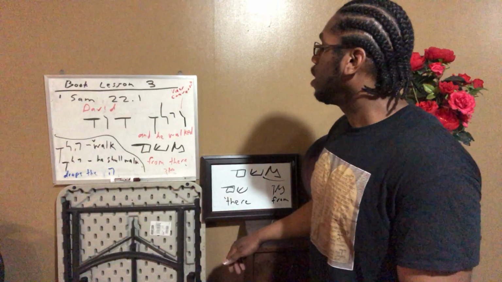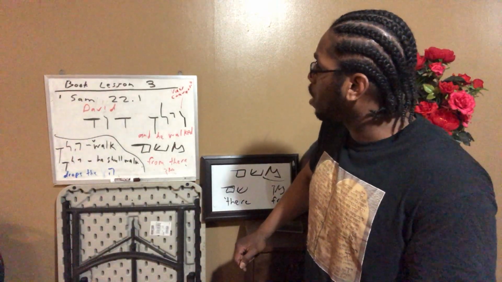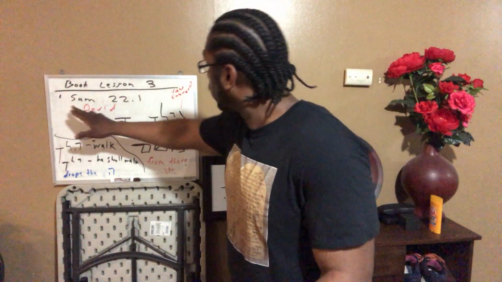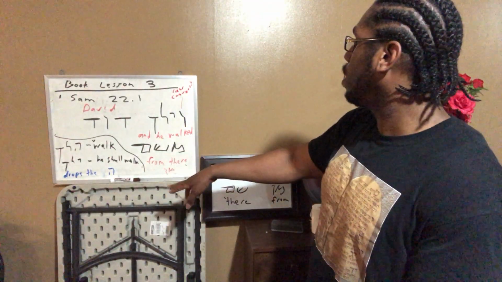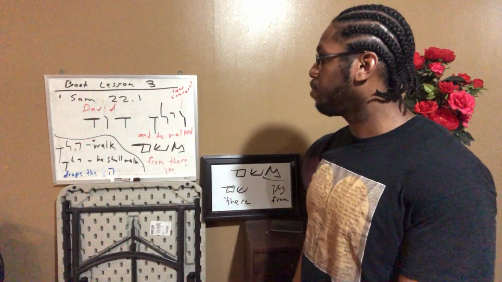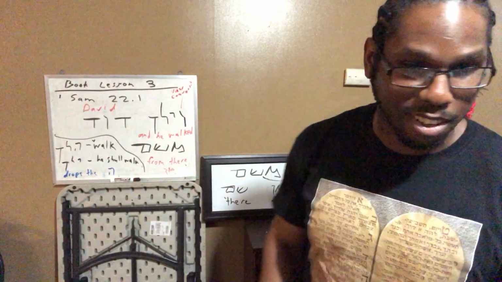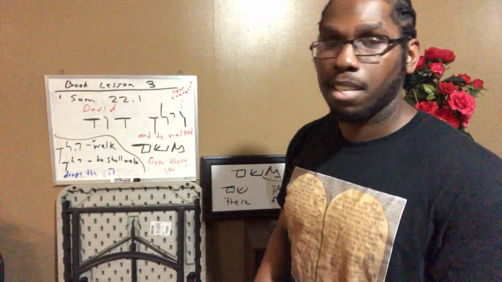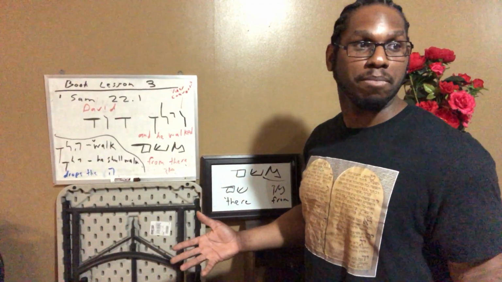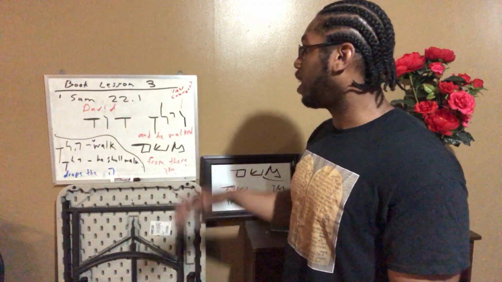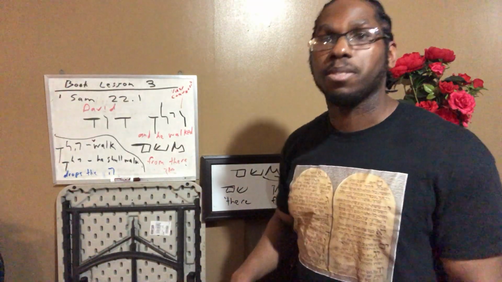So that's the book, lesson 3. 1 Samuel 22, and David walked from there. That's how we slowly put this great language together. Within a time span of only 10 minutes, we were able to get a lot out of this. Interesting.